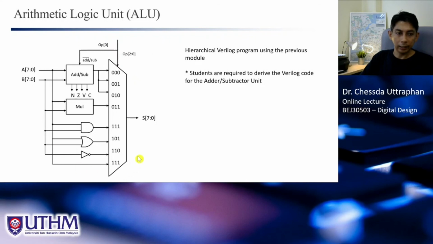So we can design the ALU like this, where we have A and B, and we have the multiplexer here. If OP is 000, the output to S is from this, all right? And when OP is 001, because this is the add/subtract circuit, when this is 1 it will perform the subtract operation, and the output is from this.